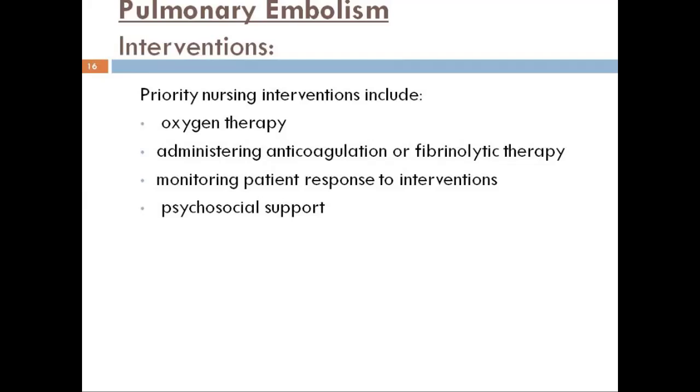So the general practice is to reduce clotting. So you can give anticoagulants or fibrinolytic therapy. And then you monitor the patient's response to the interventions. And you need to give psychosocial support. Very important to give that psychosocial support to the patient and family. Okay.